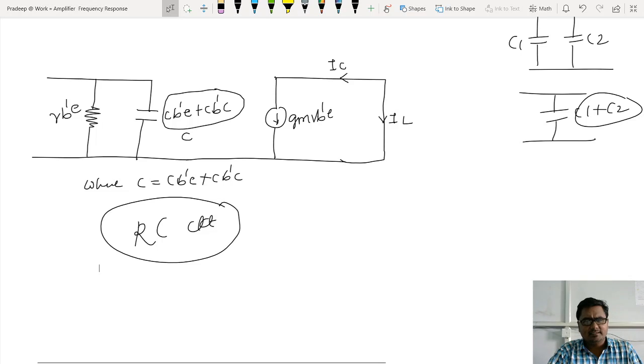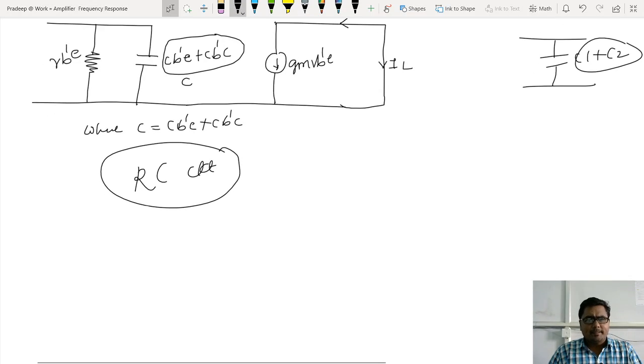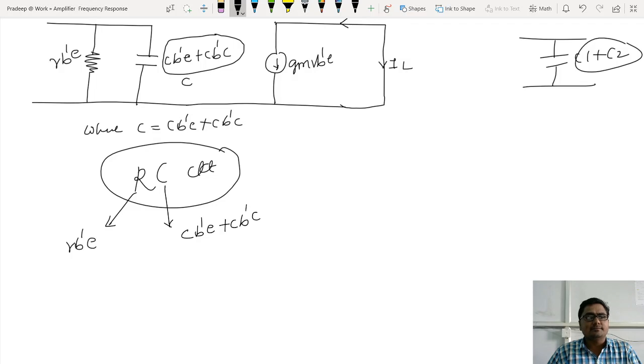Do we have an RC circuit? Look at this. At the input side, this R is R B dash E, and C is C B dash E plus C B dash C. That is one capacitor and one resistor. A large amplifier at higher frequencies reduces to an RC circuit.